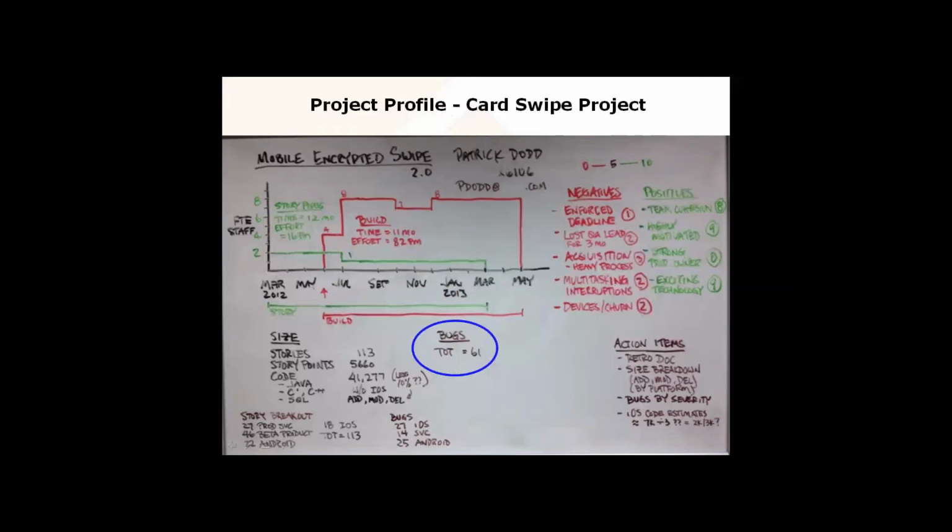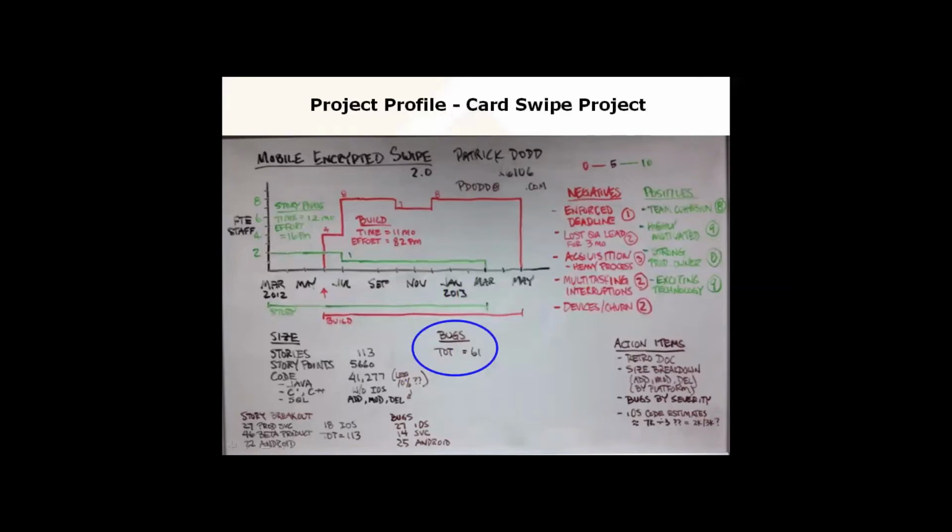So that number can be low, or it can be medium, or it could be high, depending on the characteristics in your environment. And so look to the right. When I sketched this project out with the company that was building this mobile encrypted swipe, I asked what were the impediments and negative impacts that might have made things more difficult, might have even driven the bug curve higher?